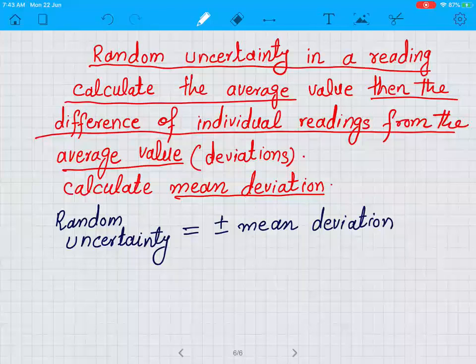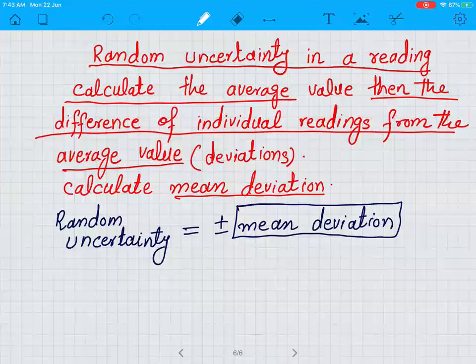And one thing should be clear: for the calculation of random uncertainty, actual value is not needed. You need data points, and that's it. From data points, you can calculate the random uncertainty, unlike systematic uncertainty, which needs the actual value to be there. So, even if the actual value is missing, the random uncertainty can be calculated. Let's solve an example for that.